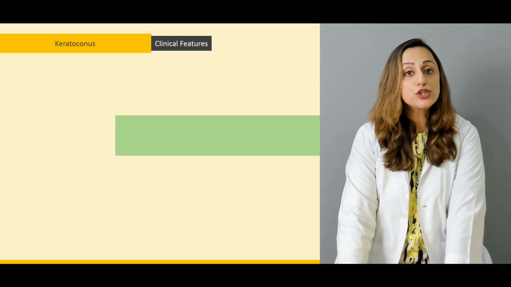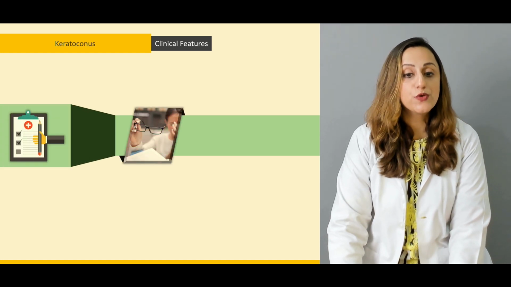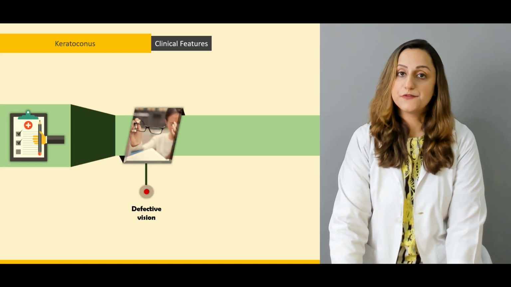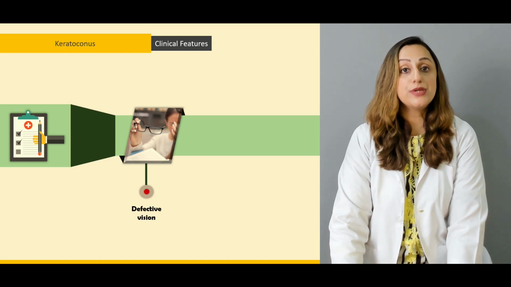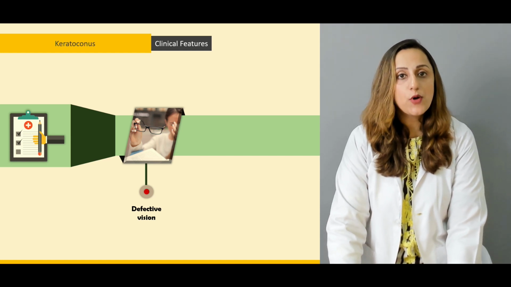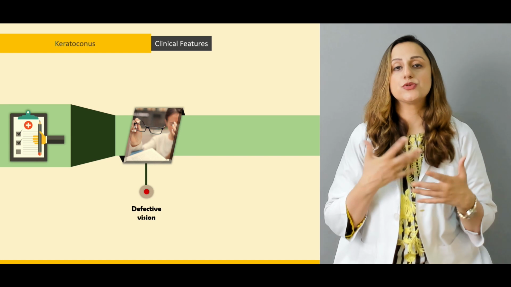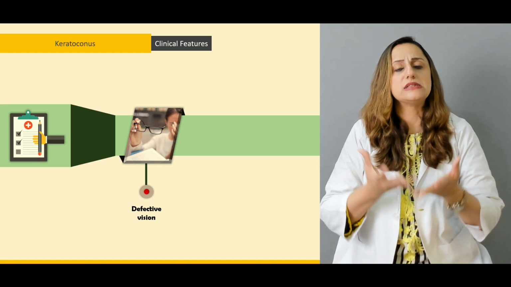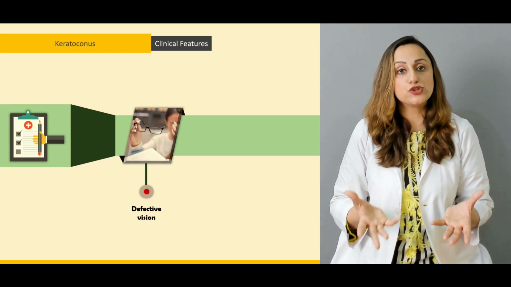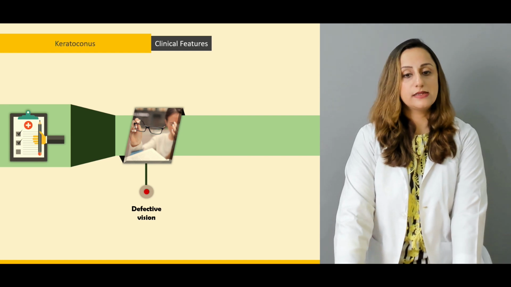And now moving on to the clinical features, we are going to look for defective vision. The history is going to lie upon the fact that the patient is going to complain of decreased vision, a blurred vision that appeared in the patient.